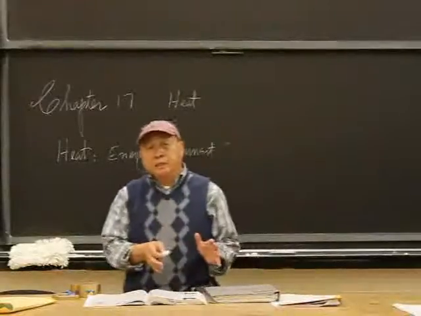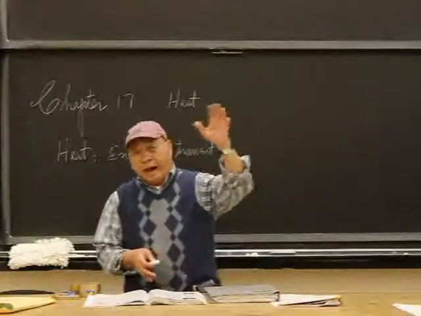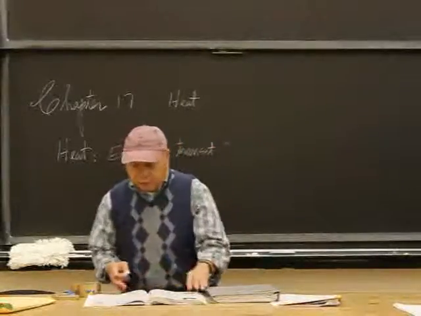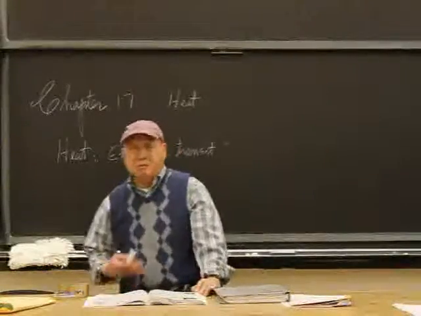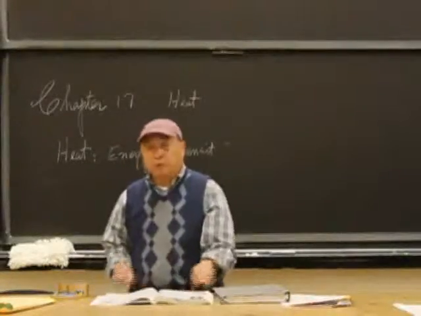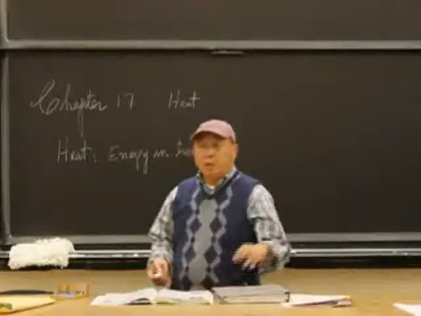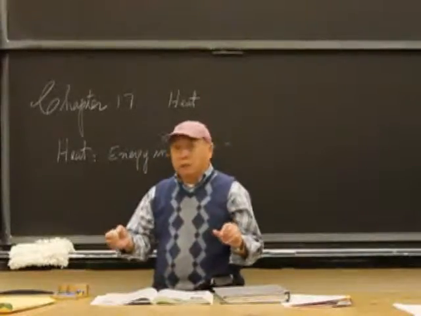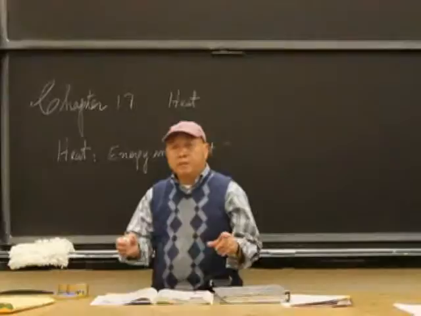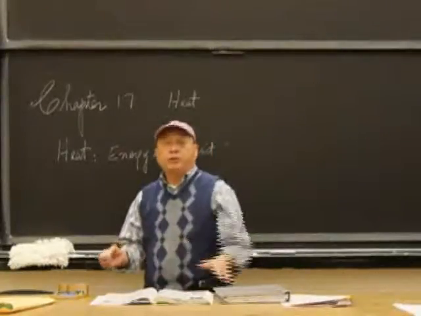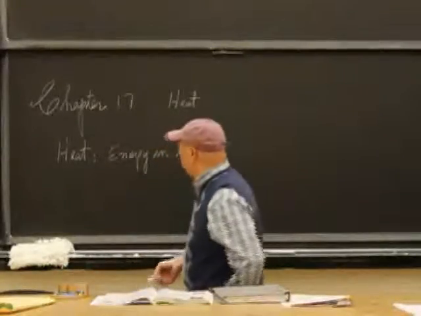Heat energy is transferred from high temperature to low temperature. According to the zeroth law of thermodynamics, when the temperatures are the same, there is no heat flow. This is called thermal equilibrium.